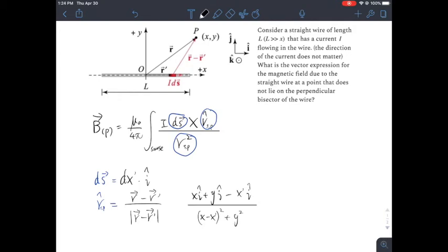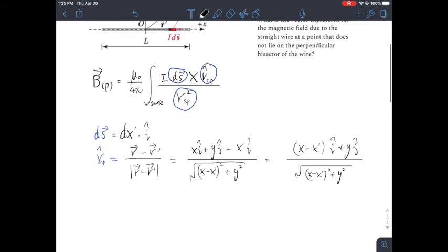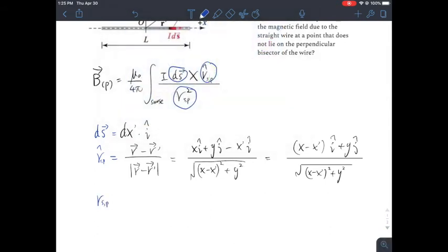Then we divide by the magnitude of the vector, which we get using the Pythagorean theorem. Then we simplify it. On the top, we have (x minus x prime) times i hat plus y times j hat, divided by the square root of (x minus x prime) squared plus y squared. And that's our unit vector for the position vector from the source to the field point.